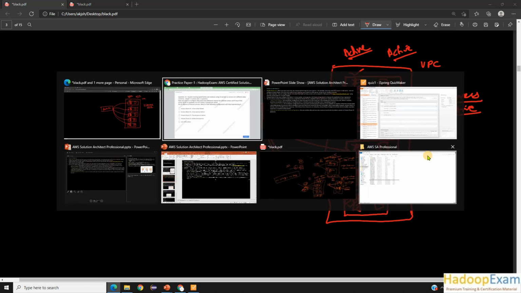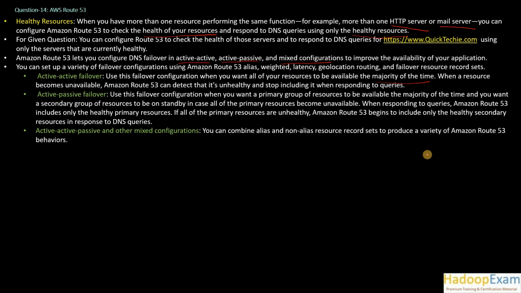If I go for an active-passive configuration, I use the failover configuration when I want a primary group of resources to be available the majority of the time, and a secondary group of resources to be on standby in case all primary resources become unavailable.